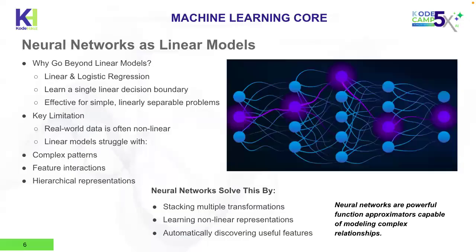Complex patterns, feature interactions. In a linear model, it's kind of assumed that feature X1 is not affected by feature X2, right? But in the real world, that may not always be the case. You will have a situation where you actually have features that interact, they affect each other.